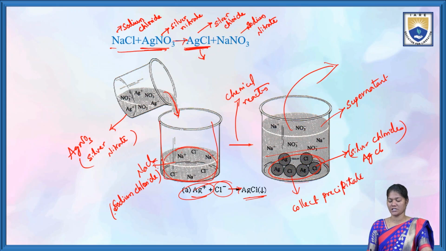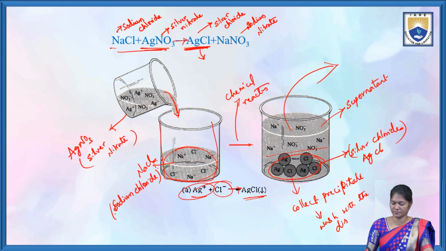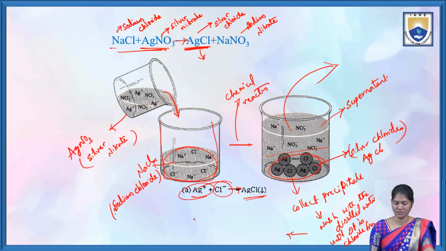Collect the precipitate, then wash it with distilled water until it is chloride free. After washing, let the precipitate dry.